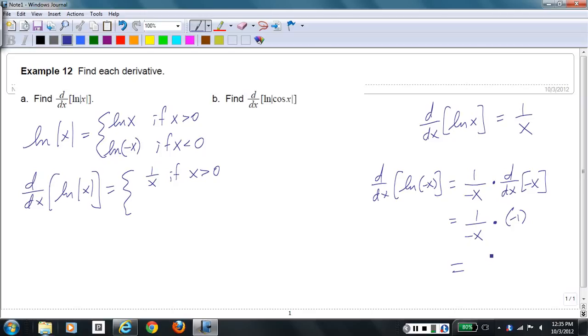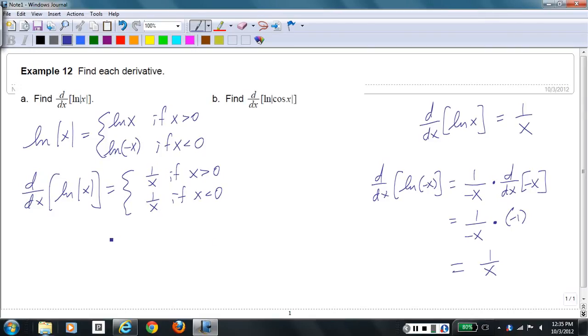1 over x. So here's the thing. If x is positive, the derivative of the natural log of the absolute value of x is 1 over x. And if x is negative, the derivative of the natural log of the absolute value of x is 1 over x. So as long as x is not 0, in which case it's undefined, the derivative of the natural log of the absolute value of x is 1 over x.